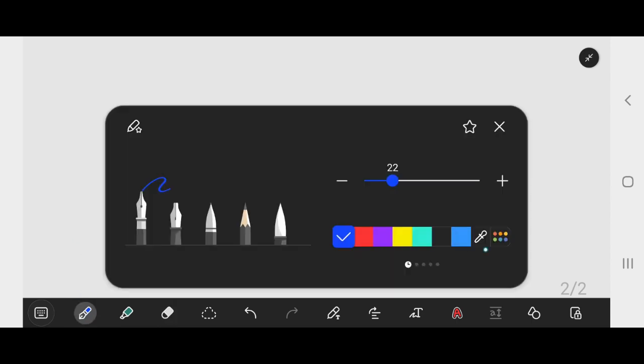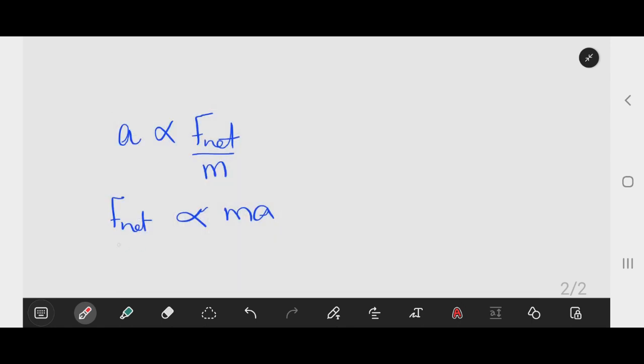So if we want to do that, instead of using that proportionality sign, we say the net force is equal to a proportionality constant multiplied by m a, right? But for this derivation, we use k is equal to 1, right?